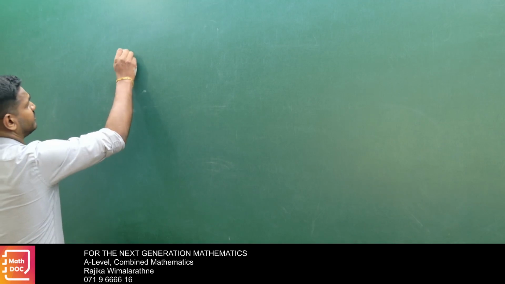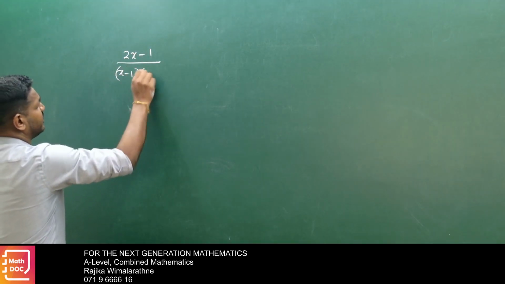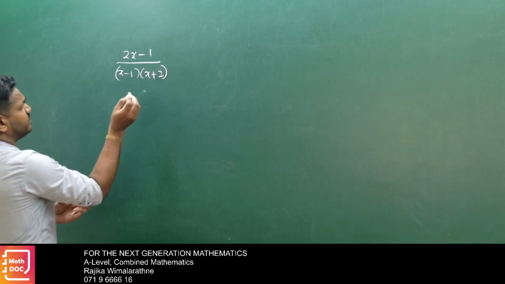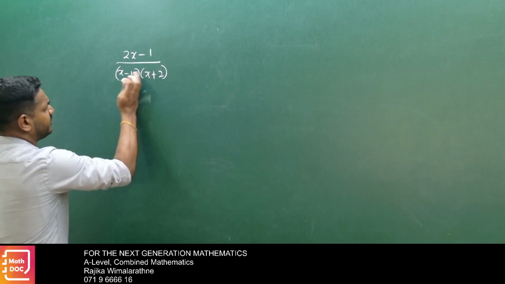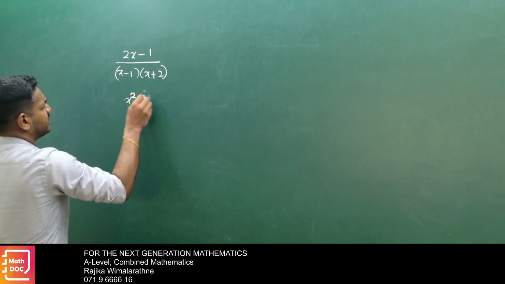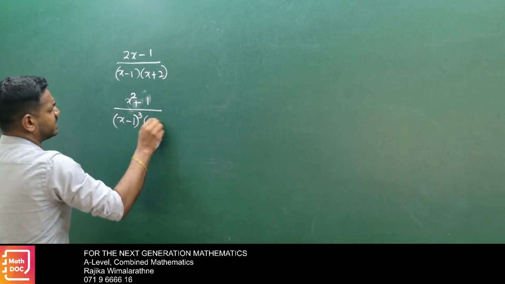Now you consider (2x minus 1) over (x minus 1)(x plus 2). Here (x squared plus 1) over (x minus 1) cubed (x plus 1).